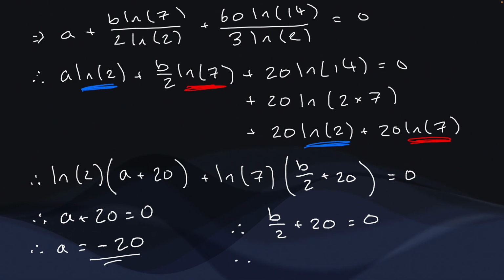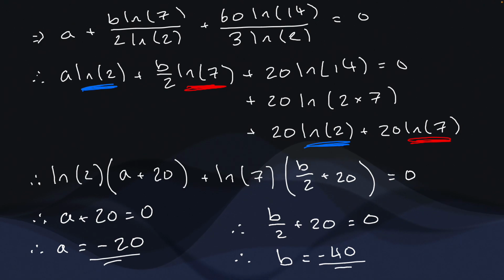Therefore, B plus 40 is going to be 0. Therefore, B is going to be equal to negative 40. And we have our two solutions, and that is that problem. A is negative 20 and B is negative 40.